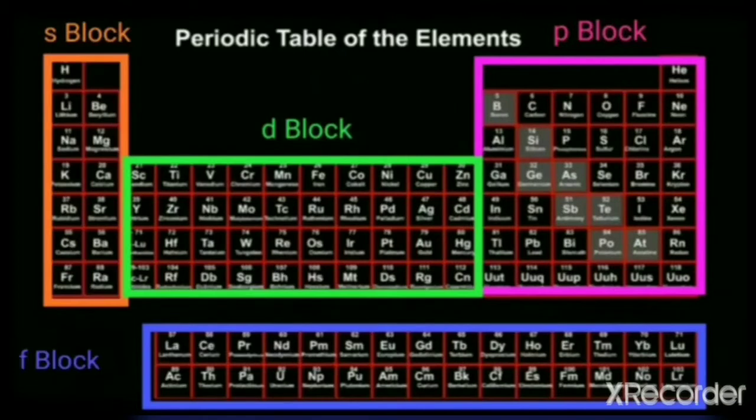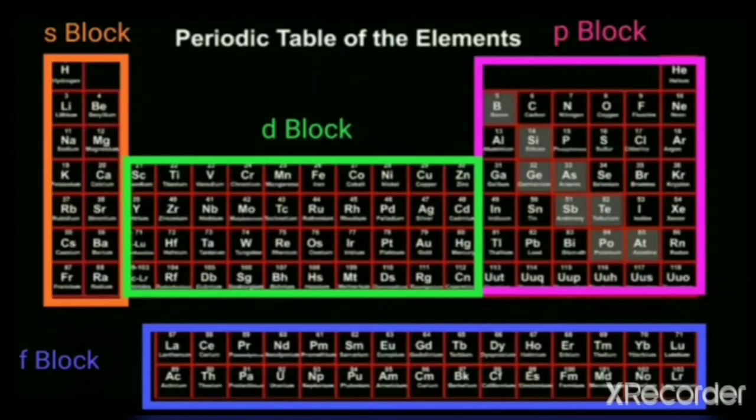So the modern periodic table has 4 blocks: S block, P block, D block and F block.